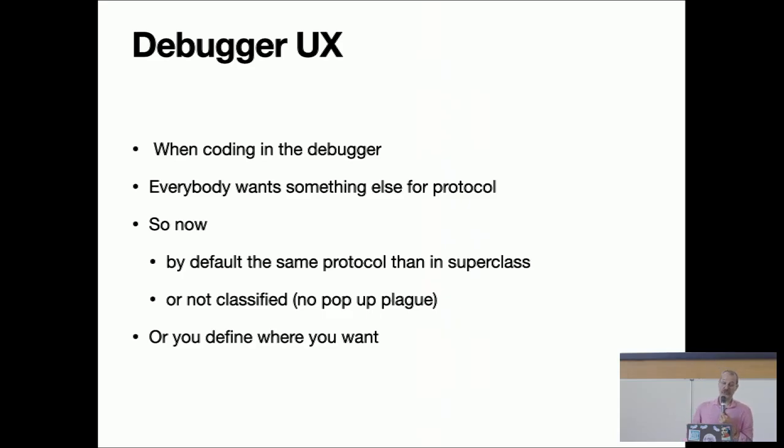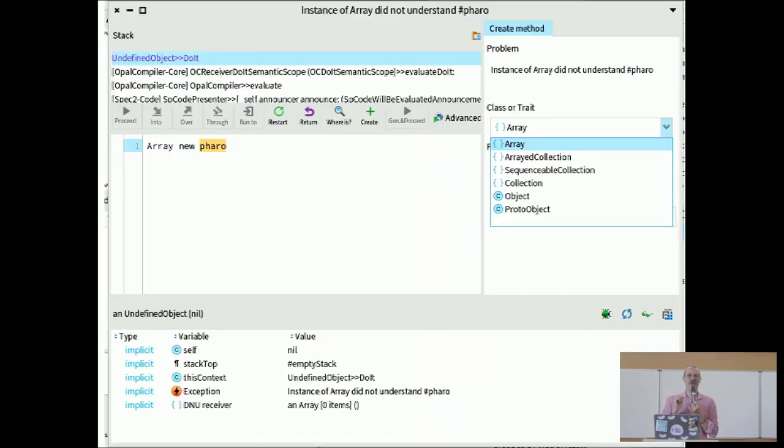We did another iteration on the debug points. I don't know if you know what debug points are, but you don't have to change the source code to put halts, and you can put multiple halts with conditions, with all kinds of things. I will not go into the detail, but there is one cool feature. I put some halts in my system, I code, and I'm like, oh yes, that's nice.